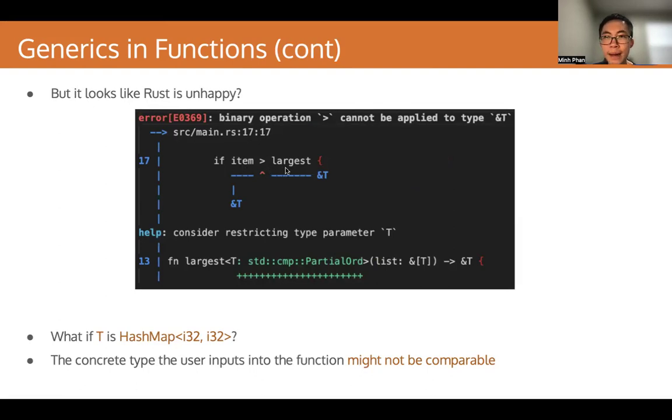We cannot compare a hash map to another. So here we actually cannot do this comparison because the concrete type the user inputs into the function largest might not be comparable. So if T is a hash map, then this code doesn't work. To fix this, we will explore traits in a future lecture.